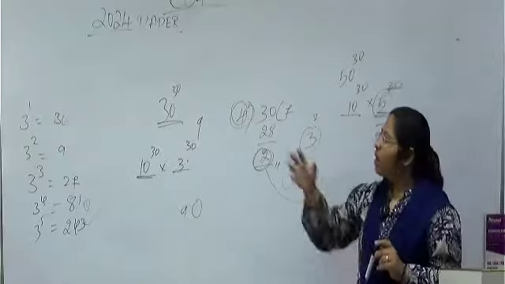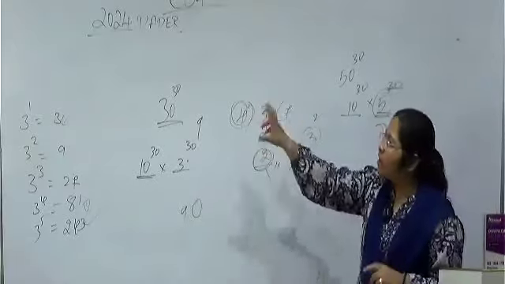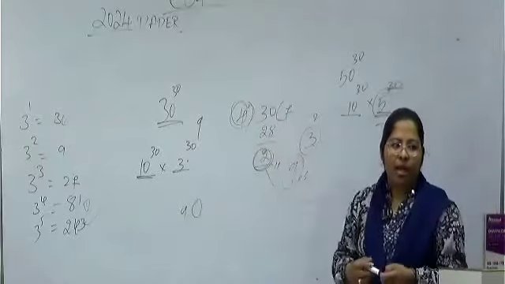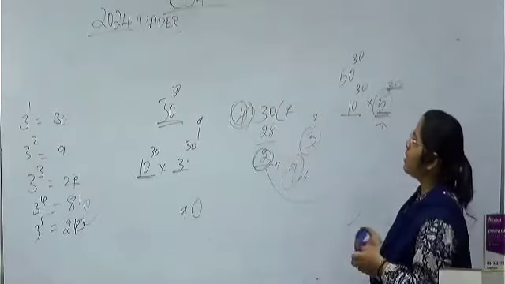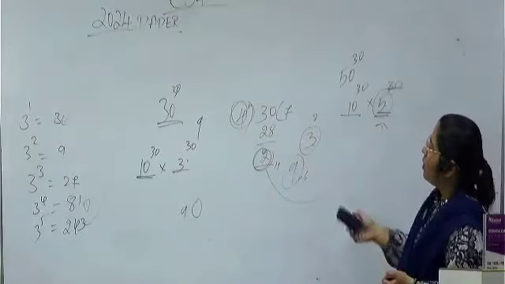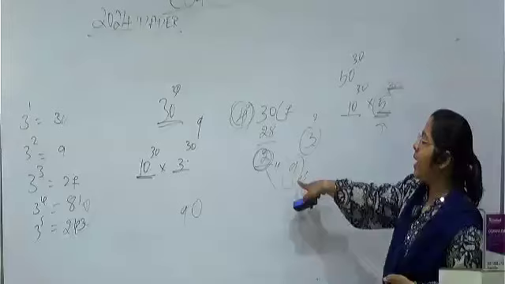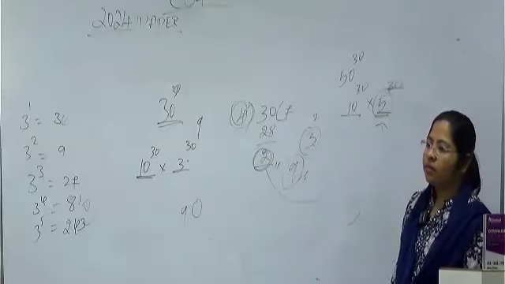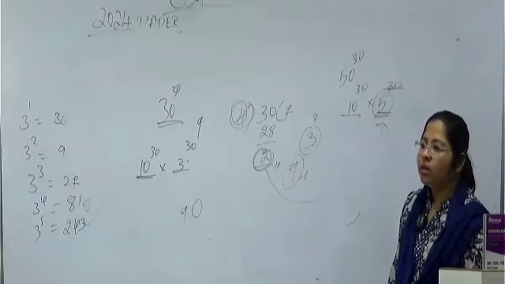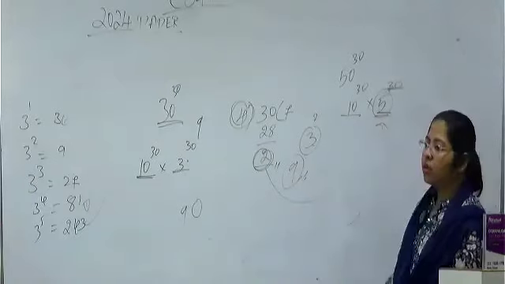The concept must be clear. If this concept is clear, the same thing can come for any number. Is this clear? 9 is the answer, but this is the procedure for how you will get 9. You need to know the cycle. For 50, that is 5 to the power of 30.